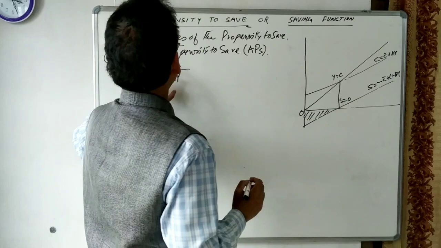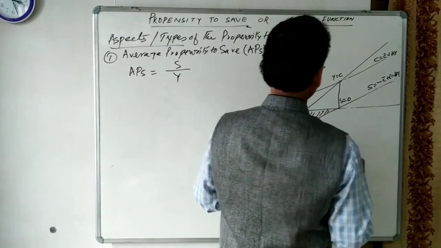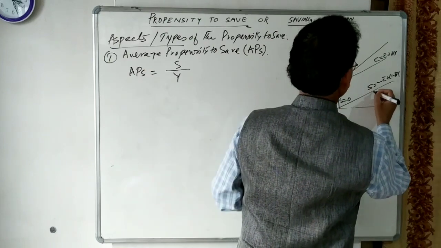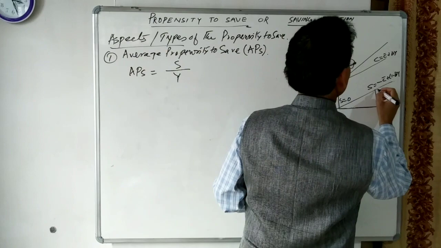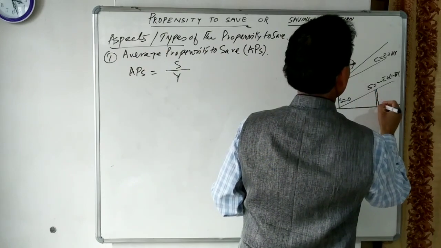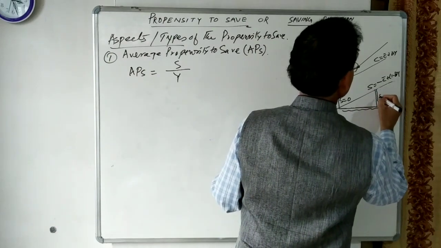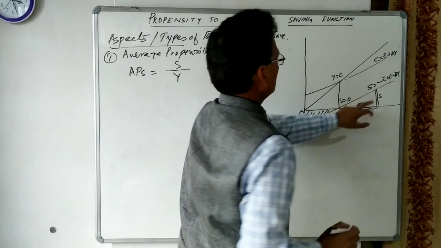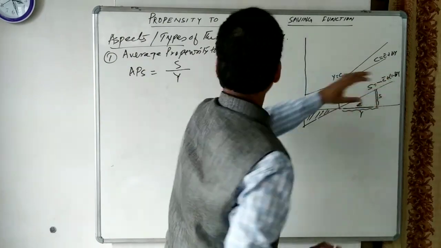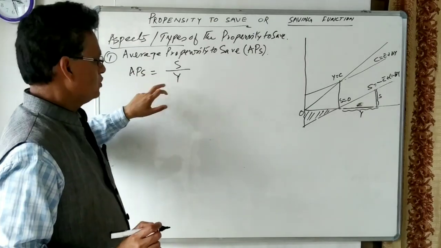The question arises how to calculate APS. APS is equal to this saving divided by this income. If you take this distance as S and this distance as Y, then S divided by Y is known as APS, average propensity to save.